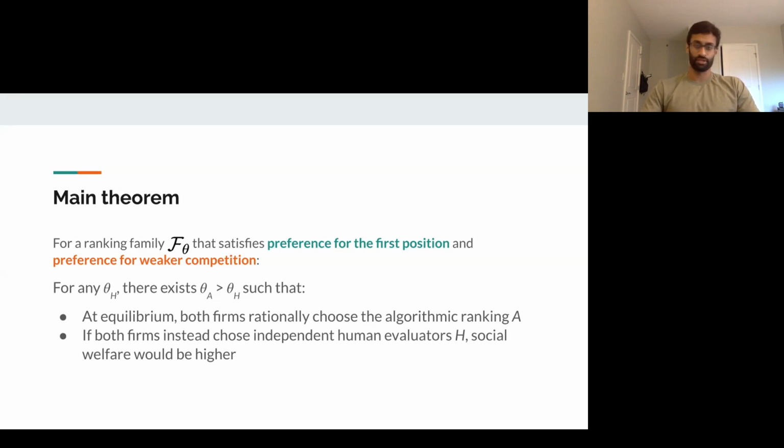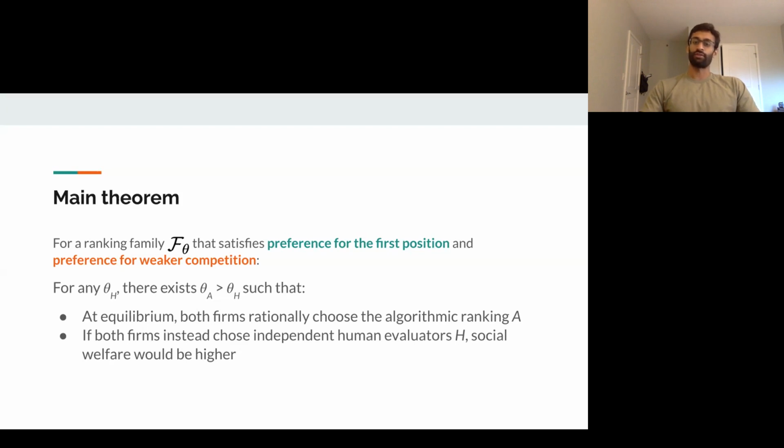At equilibrium, and I'm talking about a pure Nash equilibrium here, both of the firms involved, so we're going to think about the two-firm version of this, choose to use the algorithmic ranking. But actually, if they were both forced to choose independent human evaluators instead, social welfare would be higher.